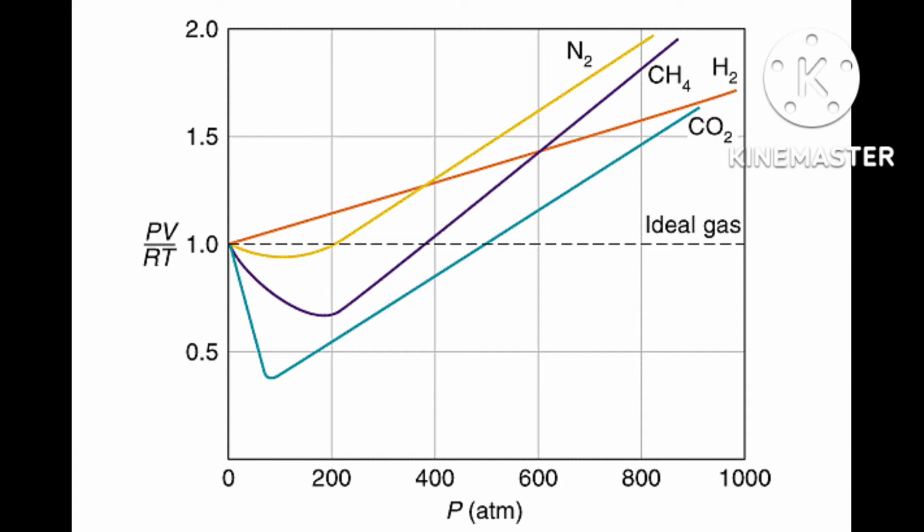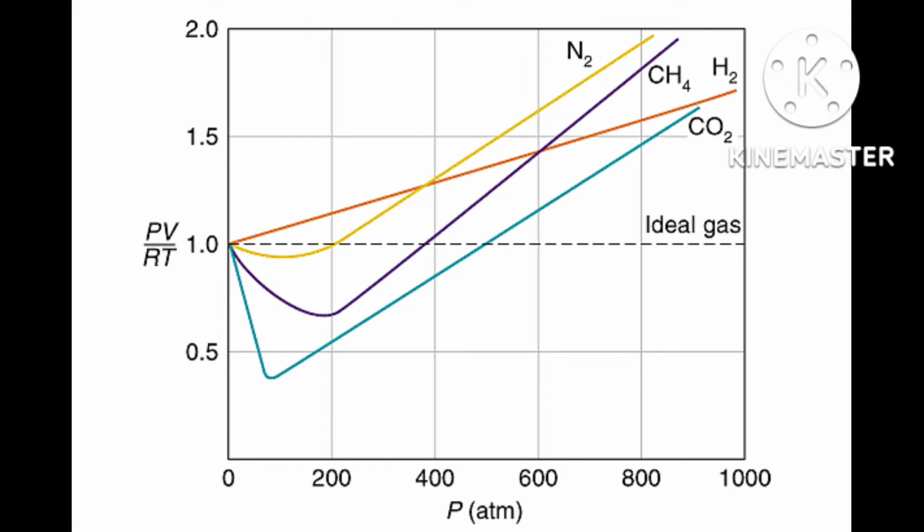Below Boyle's temperature, real gases first show a decrease in Z values with increasing pressure, which reaches a minimum value. On further increase in pressure, the value of Z increases continuously.